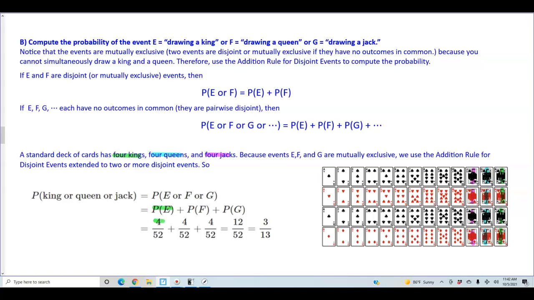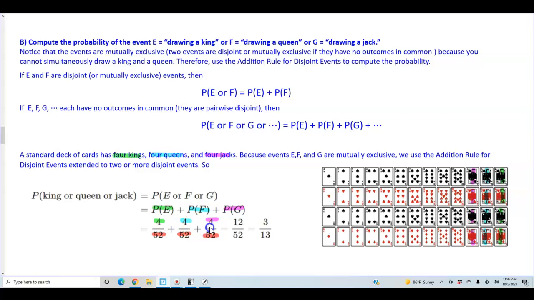So that's 4 out of the total numbers that's in the deck, and we know that that's 52. The probability of 4 queens is 4 over the total in the deck, 52. And then the probability of 4 jacks is 4 out of the total amount of the outcomes, 52. So now we have 4 over 52 plus 4 over 52 plus 4 over 52.